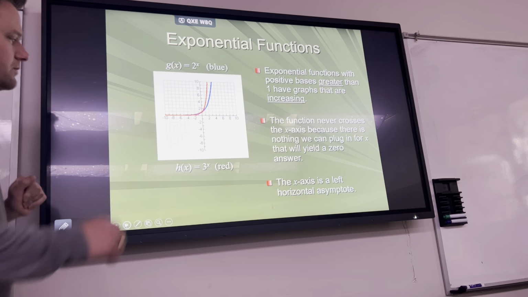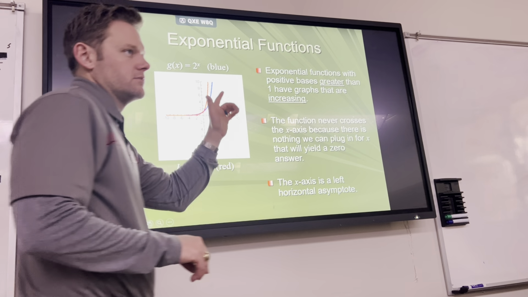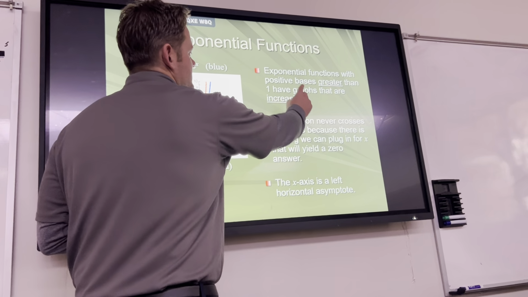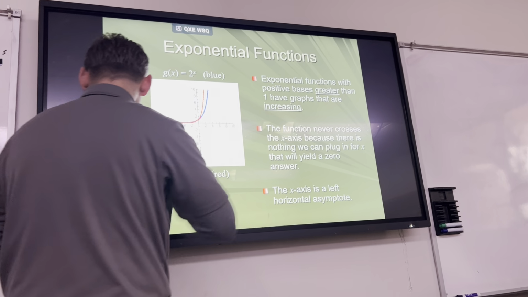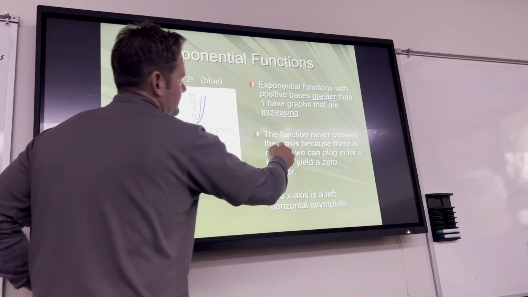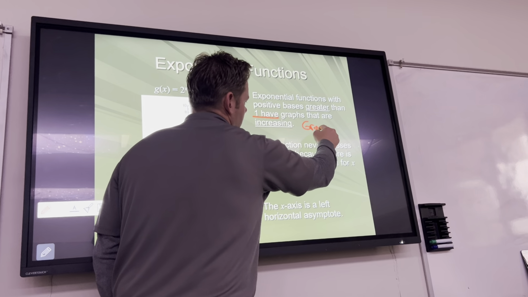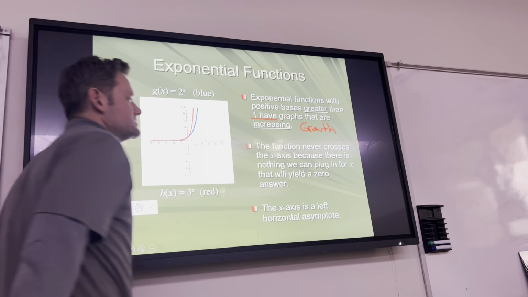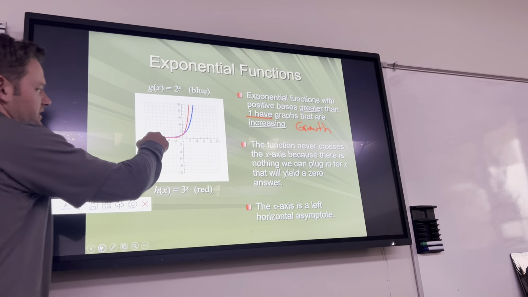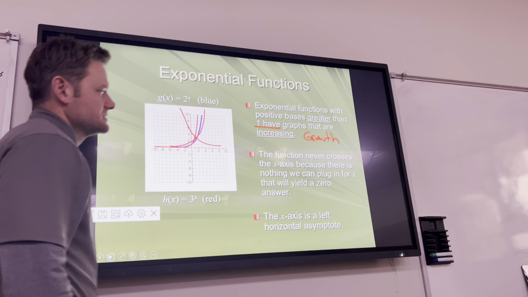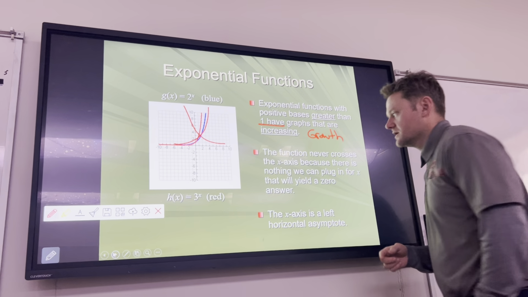All right, big thing I need you to remember. Make sure we have our change of base and make sure we can tell the difference between decay and growth, right? If b is greater than 1, this is going to be growth. It's a big difference between a function going like this and one that's coming like this.